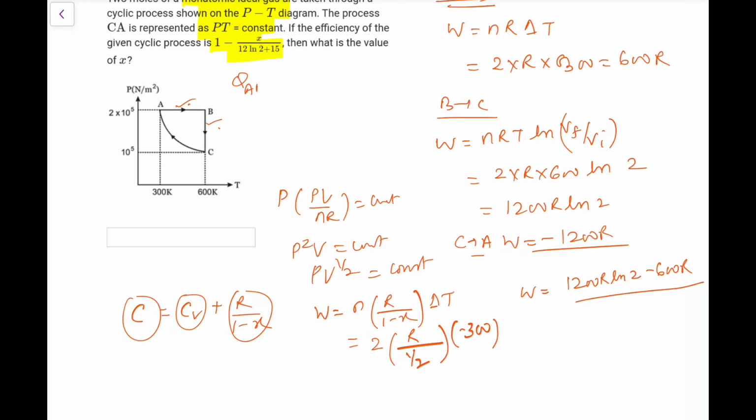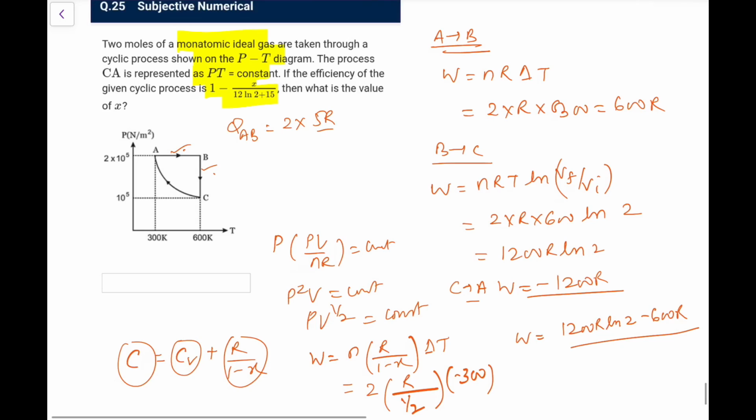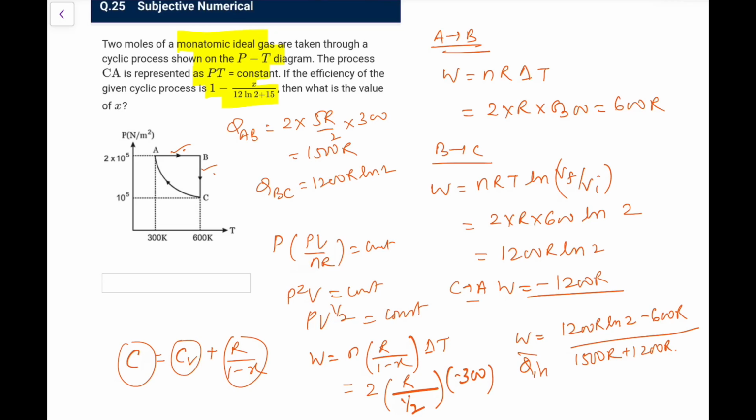So what is QAB? QAB is nCPΔT, so 2 into, the gas being monatomic, 5R by 2 into 300, so you get 1500R. QBC is the same as work, that is 1200R ln 2. So W divided by Q input comes out as 1500R plus 1200R ln 2.